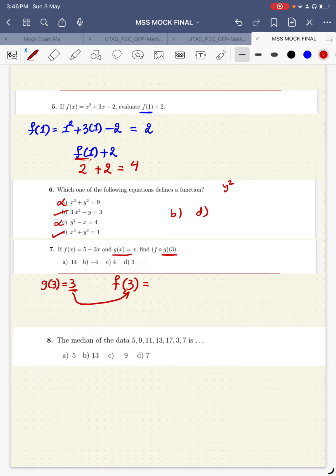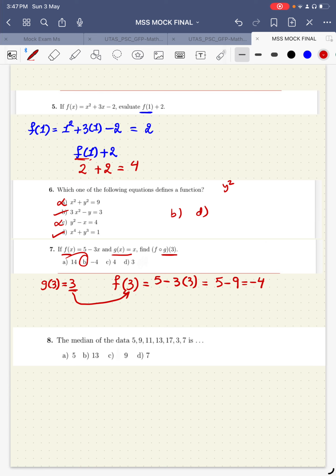Now I go to the function f and replace every single x with 3. So I have 5 minus 3 times 3, which is 5 minus 9, which is minus 4. So my answer is B in that case.